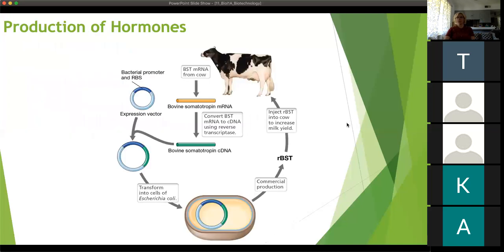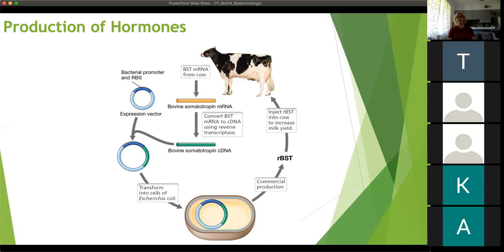So I told you we could use biotechnology to develop hormones. So this is showing you that example from cows where you take the cow gene for their hormone that helps them produce milk. You put it into bacteria like E. coli. You grow up billions and billions of E. coli. You purify out that hormone and you inject it back into the cow in order to increase milk yield.